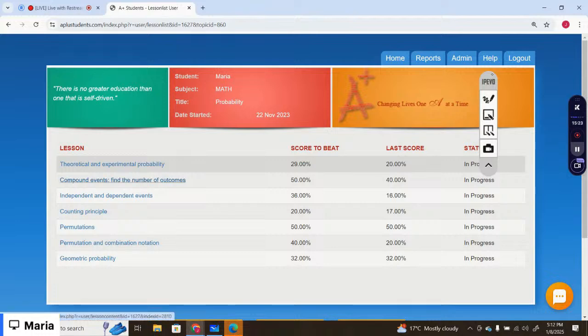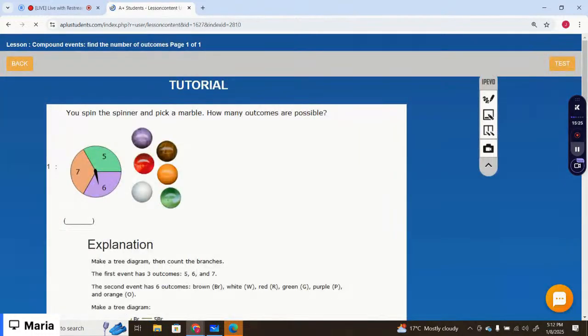The next lesson is compound events, find the number of outcomes. You spin the spinner and pick a marble. How many outcomes are possible?